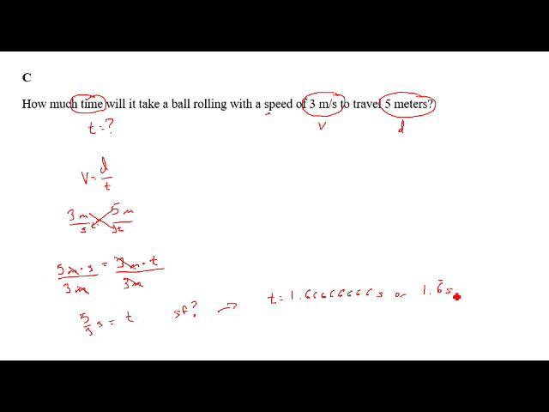But we still need to have significant figures. So we have one significant figure and one significant figure. Our answer can only have one significant figure, which is the 1. But we have to look at the number after it that we're rounding off, and that's greater than 5. So 2 seconds would be our proper answer with one significant figure.